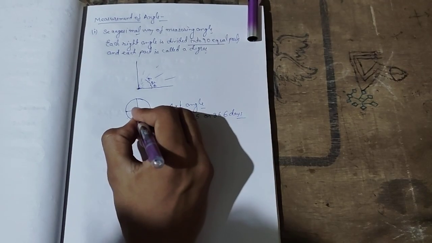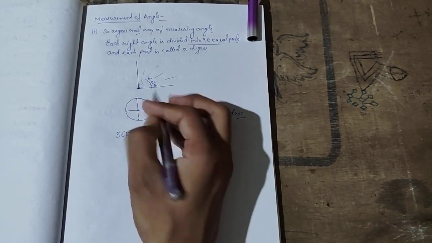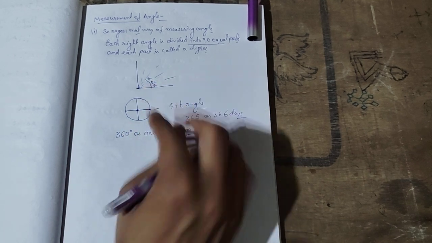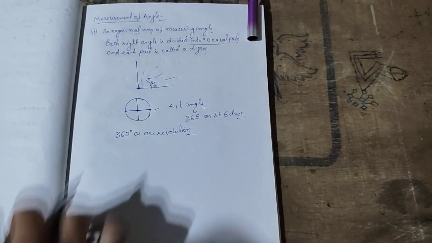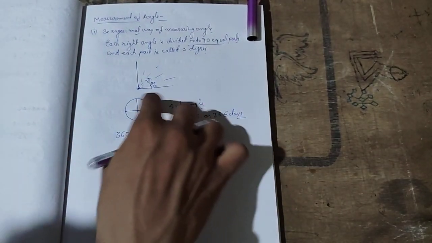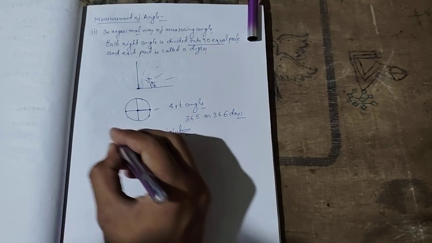When one ray revolves around another and completes one full turn, it makes 360 degrees.